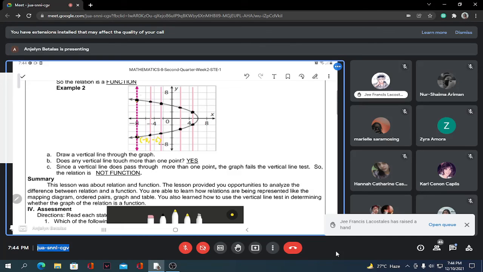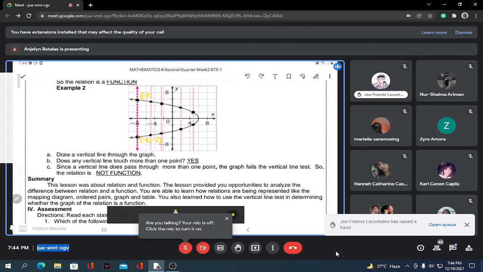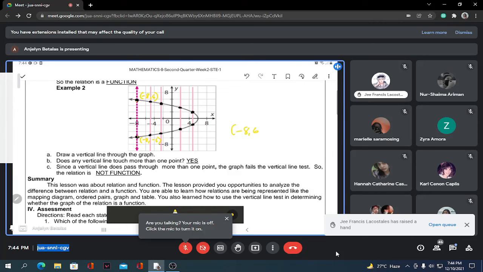Kini pod, -8, 6. So, kung nabantayan ninyo, duha ka -8. Ang isa, partner niya ka -6. Isa, 6. So, nagbalik-balik ba ang x dire?